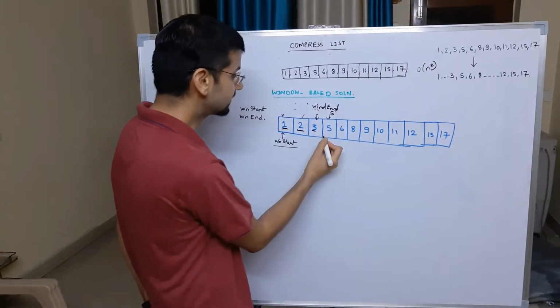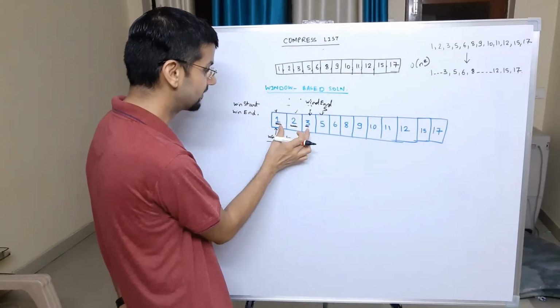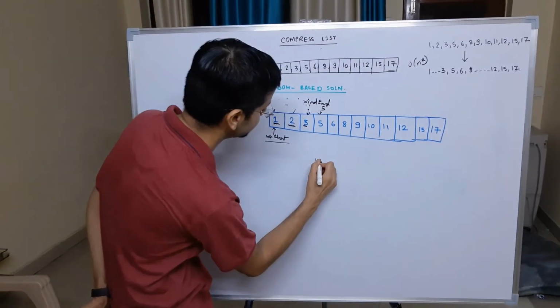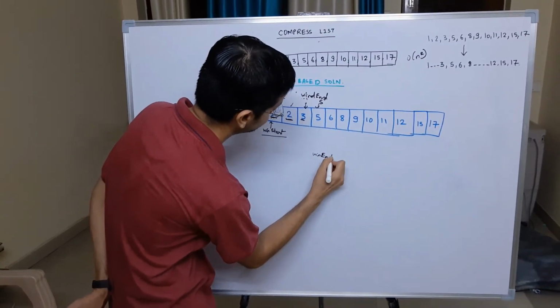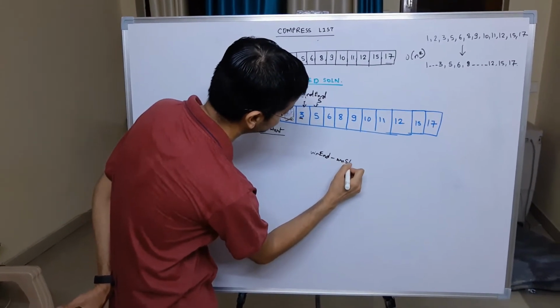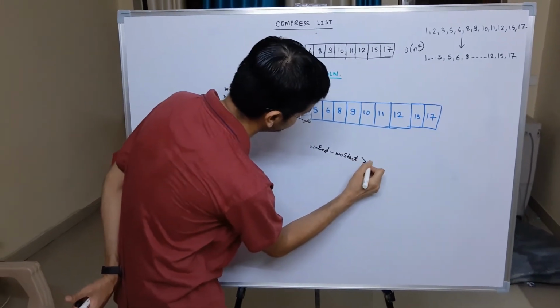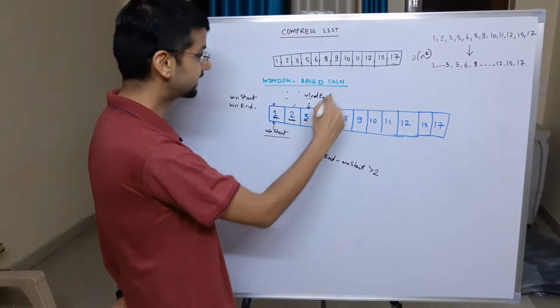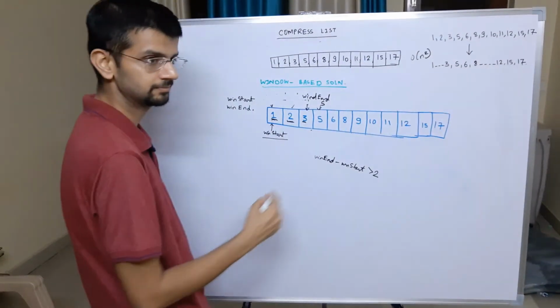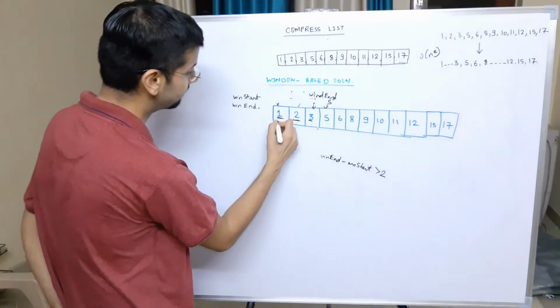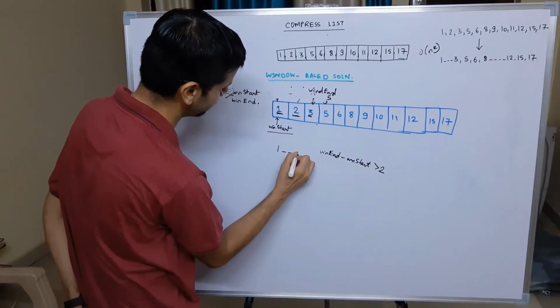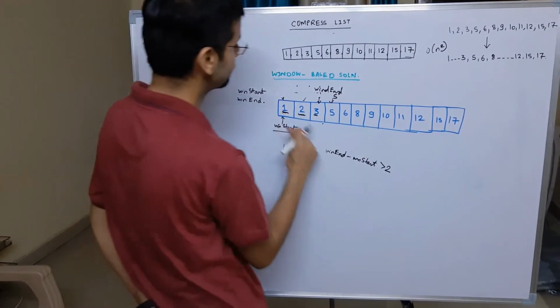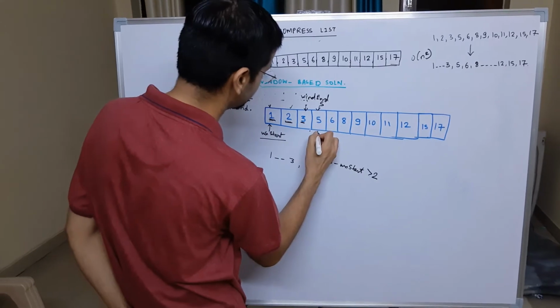So what we'll do as the first step, we'll check what our window size is. Our window size is window end minus window start, which is greater than 2. Since it's greater than 2, it has fulfilled our compression criteria. So we'll make it a sequence 1 dot dot 3, and we'll move our window start and window end both over here.